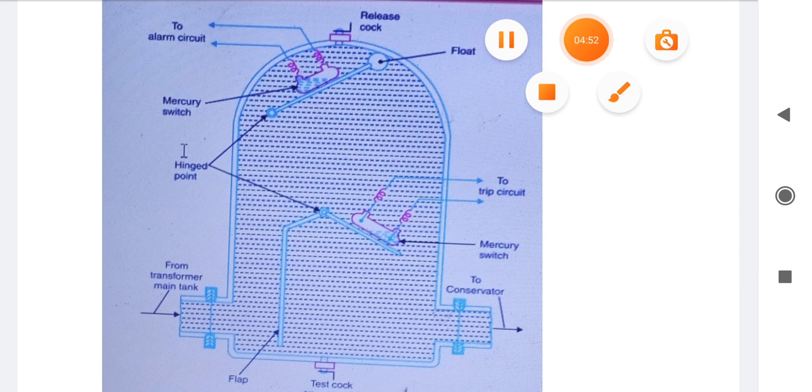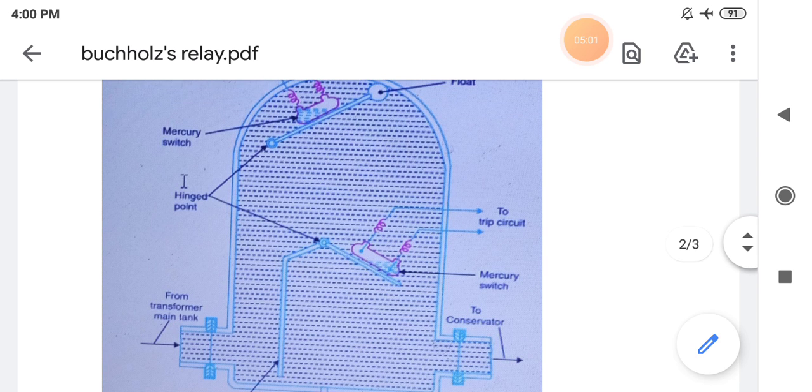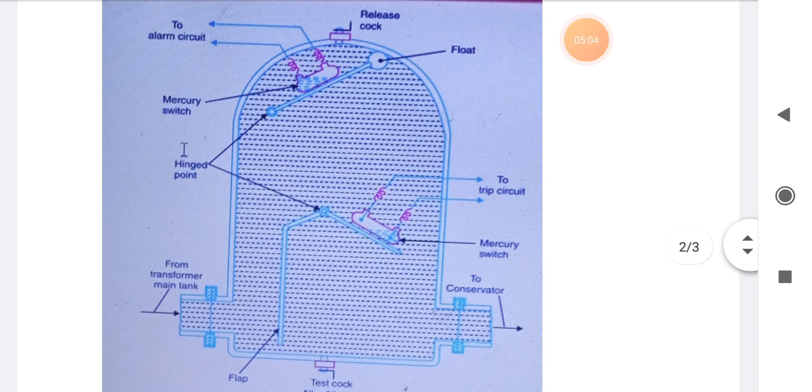Suppose, students, the oil is entering in this direction. Now what will happen? If there is no fault in the oil, then no gas will be formed. As a result, the function will be healthy. However, if due to heating of the oil or heating of the windings the transformer oil gets heated up, what will it form? It will form some gases, and due to these gases, what will happen?